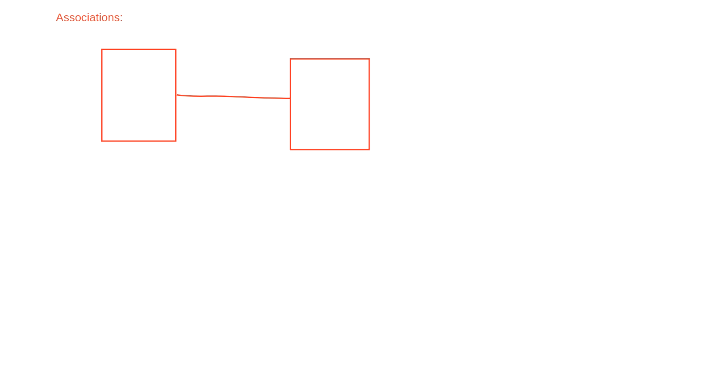Each class will again have the three partitions: name, attributes, and so on, but I'm not putting all of that in. Association is when you have class one and class two, and you show how class one is associated with class two with the help of this line. So association represents a static relationship between the classes.